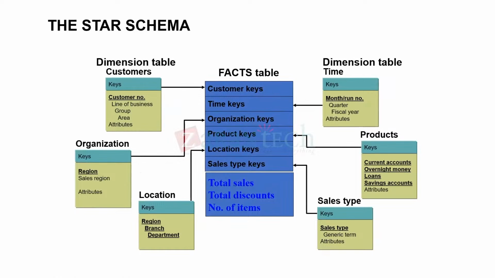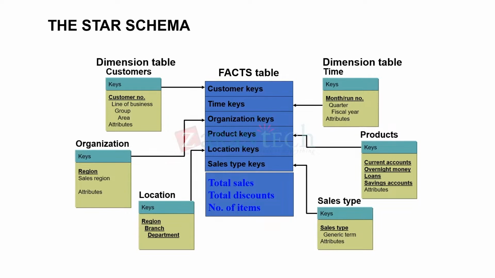This is an actual example of a star schema, one fact table surrounded by several dimension tables. So again, if you see here, we have region, customer number, customer group, quarter, month, fiscal year. All these are the characteristics.